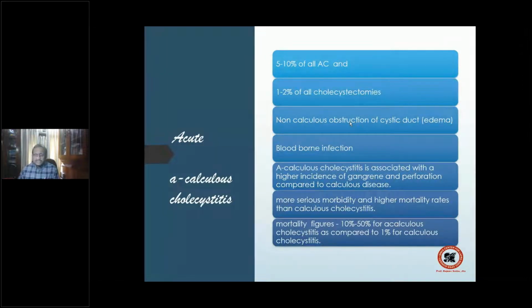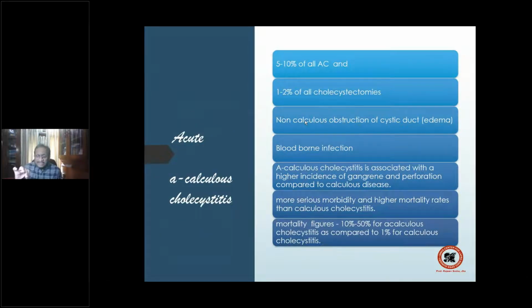Acalculous cholecystitis usually has a higher incidence of gangrene and perforation compared to calculous cholecystitis. It has a higher incidence of emphysematous cholecystitis, which we referred to in the first or second slide. It has more serious morbidity and higher mortality rates than calculous cholecystitis in those patients where you tend to miss it, because remember, this has an indolent course.